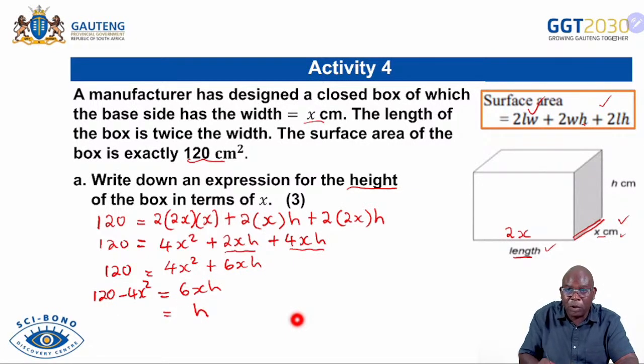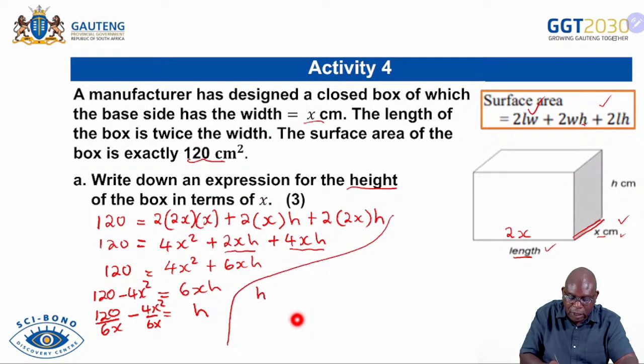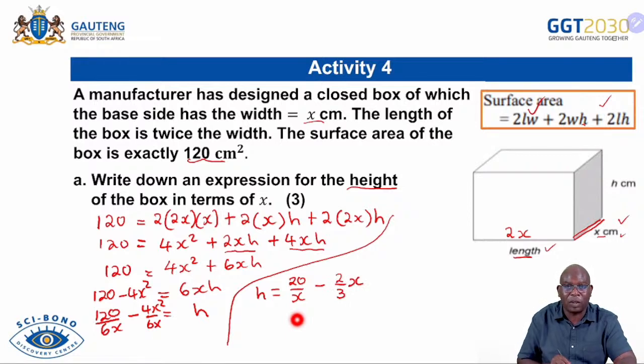Then I'm going to divide everything there by 6x. So I'm going to have 120 divided by 6x minus 4x squared divided by 6x. So therefore, I'm now going to have my h as 20 over x, because 6 into 120 goes 20 times, minus 4 over 6 will give me 2 over 3, and the x there, because one of the x will cancel out.